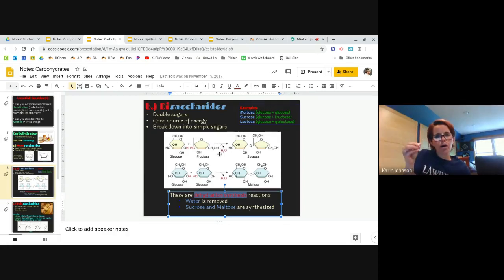When you pull that water out and then the molecules get glued together, that's called dehydration synthesis. So that's making a larger molecule. But the same reaction can go the opposite direction if you add water to it. As soon as you put these molecules into water, they break up into their monosaccharide form, so into their single rings instead of their double rings.